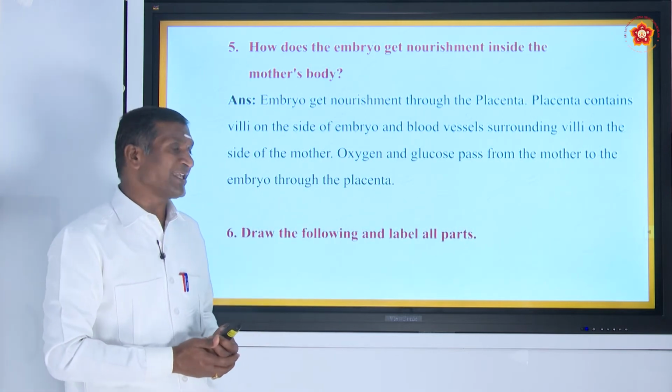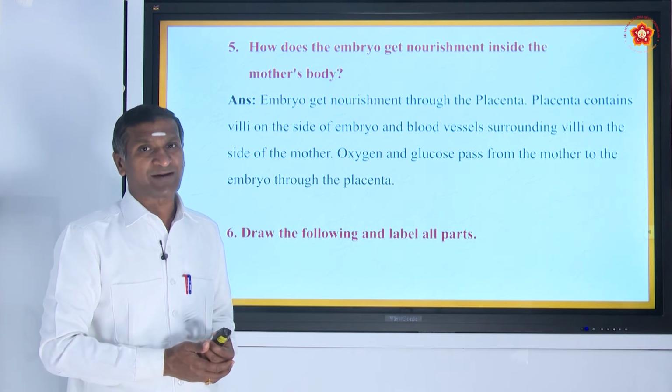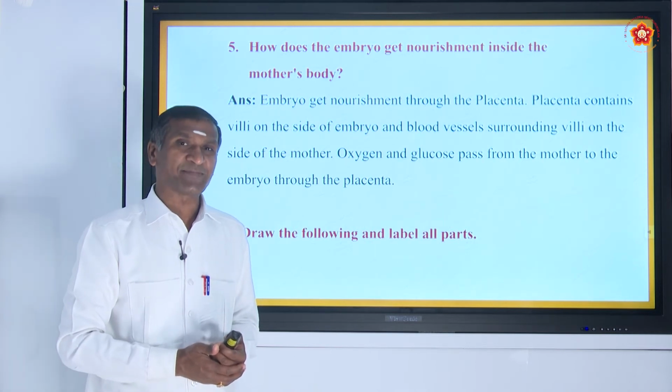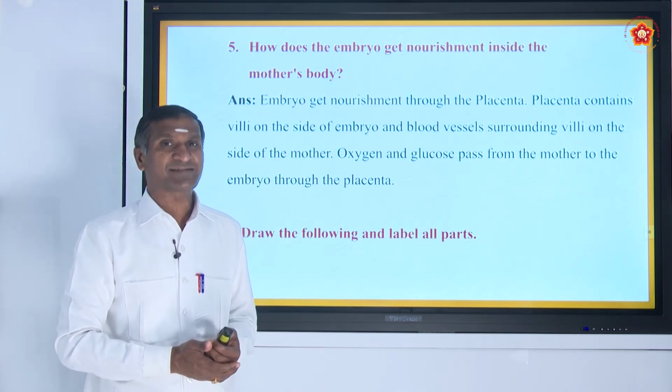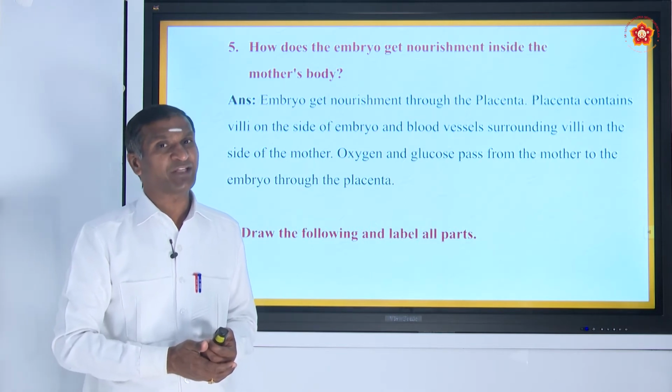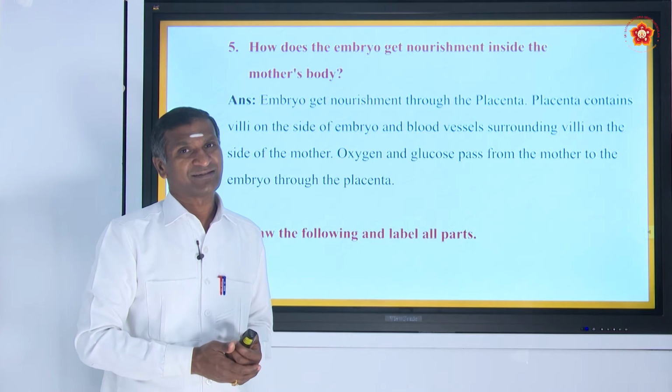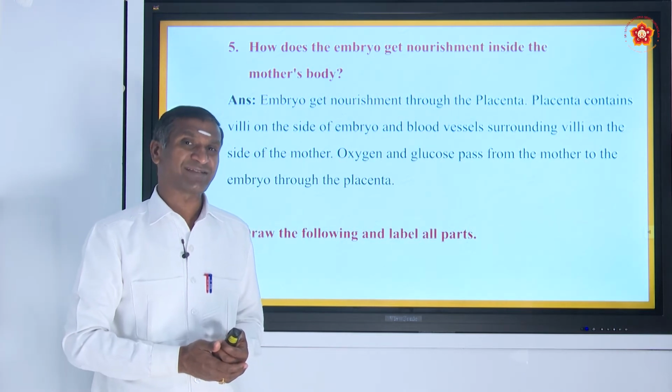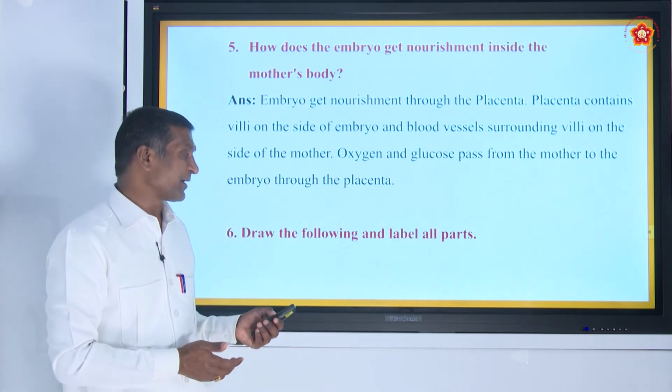Draw the following and label all parts. As we all know, diagrams play a major role in the science subject and make it very easy to get through the subject, if you practice the diagrams and label the parts.